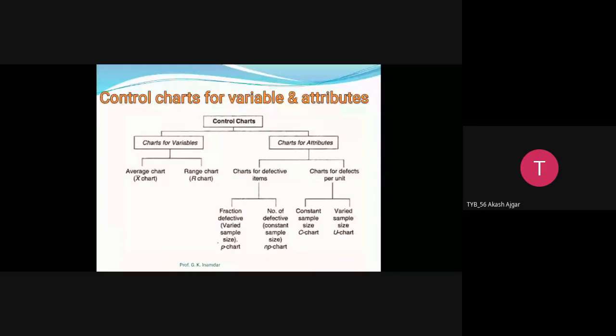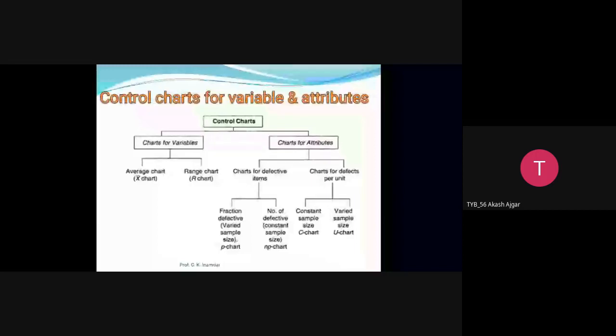Okay, remember. Then again, the defective items divide into two types, that is called P chart and NP chart. P chart means fraction defective, that is a varied sample size, meaning the samples will be of different sizes, and in that we can use this P chart, and from it we can calculate the defectives. And number of defectives, that is a constant sample size, so we are taking a constant sample size.